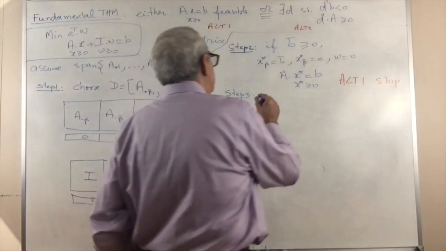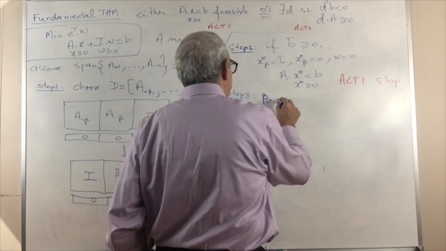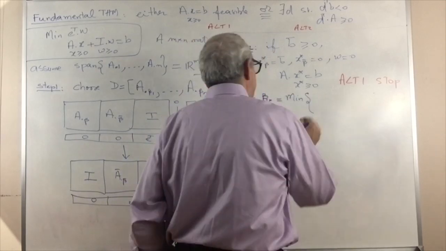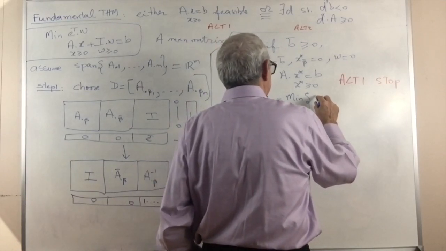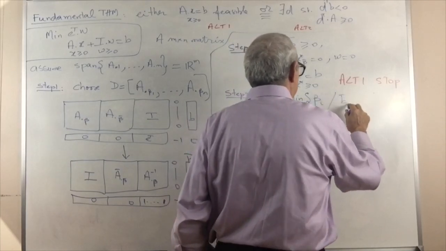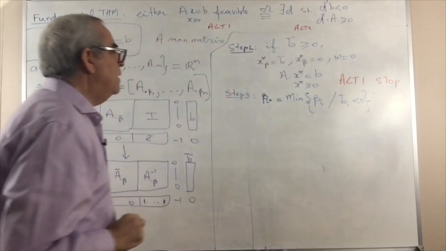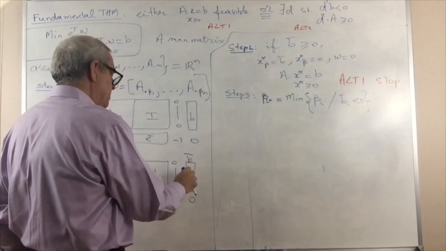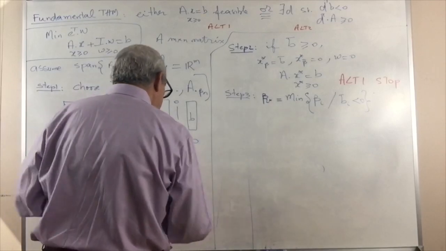So here then we're going to choose beta i star equal to the minimum of beta i such that B bar of i is negative. Okay. So we're going to look at all the negative numbers here, the B bar i negative, and then we're going to look at the beta. The beta is right here.